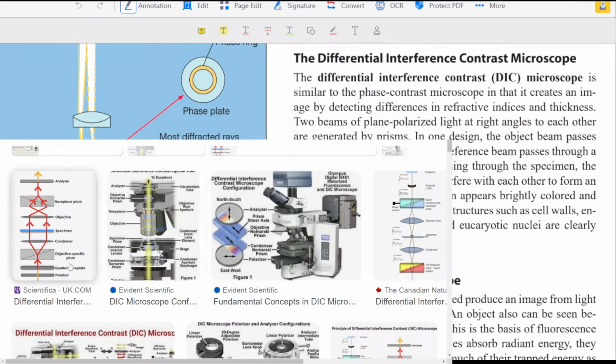Specimen, condenser, objective, prism. So this is the prism, and it changes the light. Oh, I see what they were doing with this. So they did polarize light.